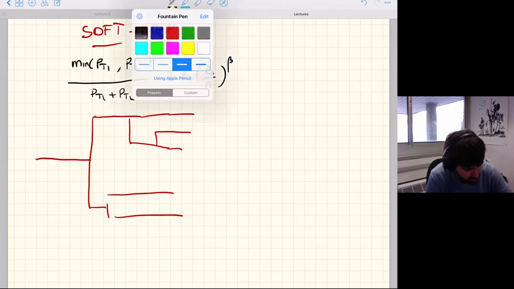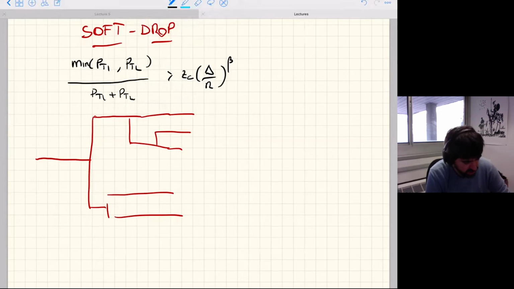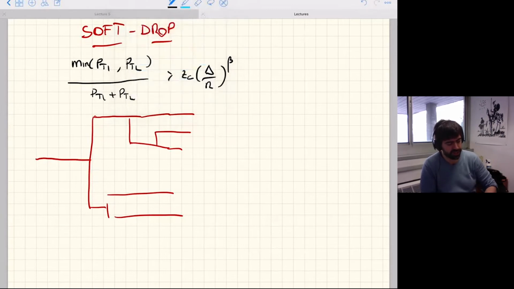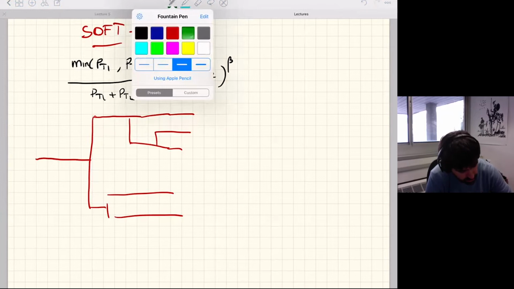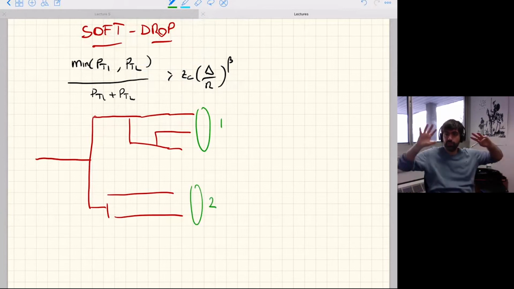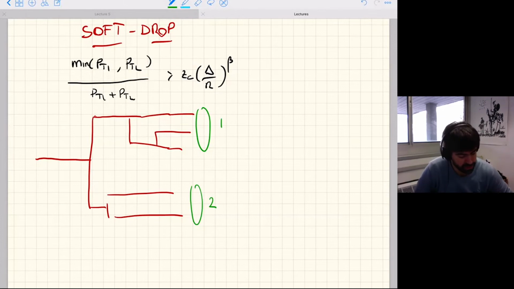What do I mean with this? When I order my clustering history with Cambridge-Aachen, and then I go back one step, my jet is made of 2 branches, 1 and 2. And these 2 branches are the ones which are most separated in angle. And I apply my soft drop condition and I ask, is this condition satisfied?